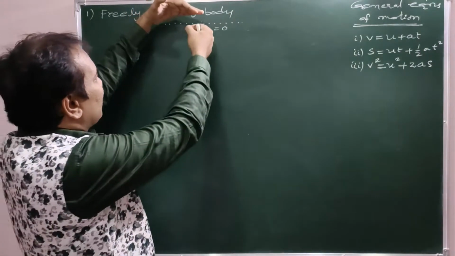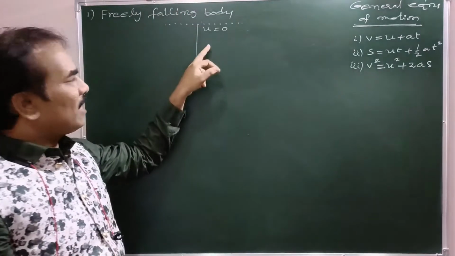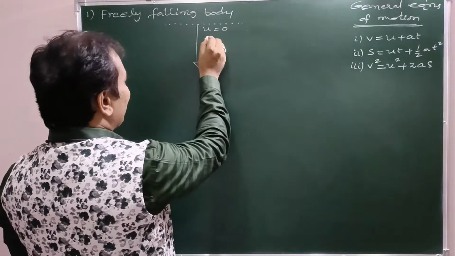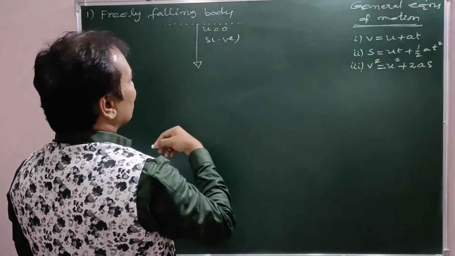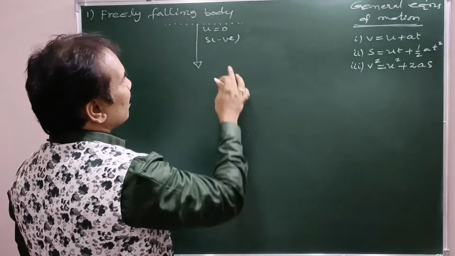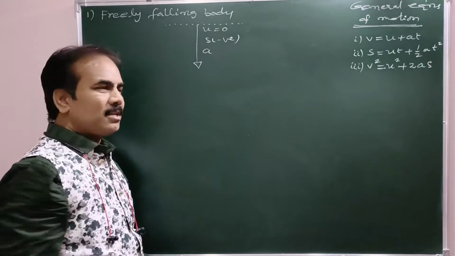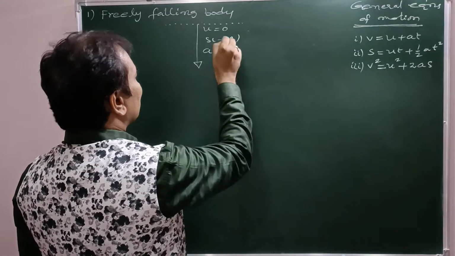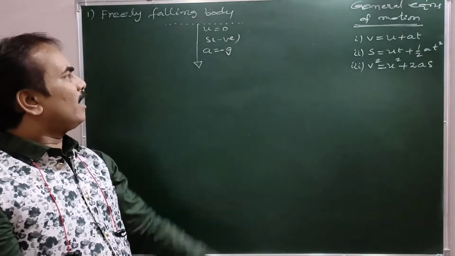Here the body is moving on a vertical line below the reference axis, so displacement is negative. Time is always positive. What about acceleration, is it plus g or minus g? g is always negative, so minus g. So u is 0, s negative, a negative.